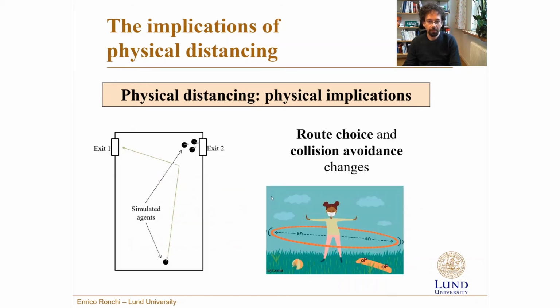So another important aspect to take into account is that physical distancing might also have implications on route choice. We may think that people, when they approach a crowded area where there is a group, for instance, might decide to reroute to go somewhere else in order to not be too close to other people, because of being afraid of being potentially exposed to coronavirus.